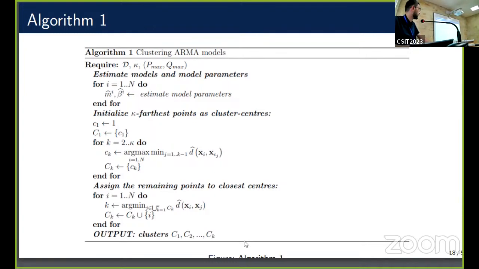This algorithm works only because by our definition, the time series in the same cluster are the samples generated by the same model. If we have the consistency of the metric, we can show that, starting from some number of samples, samples in the same cluster are much closer than the samples from different clusters.